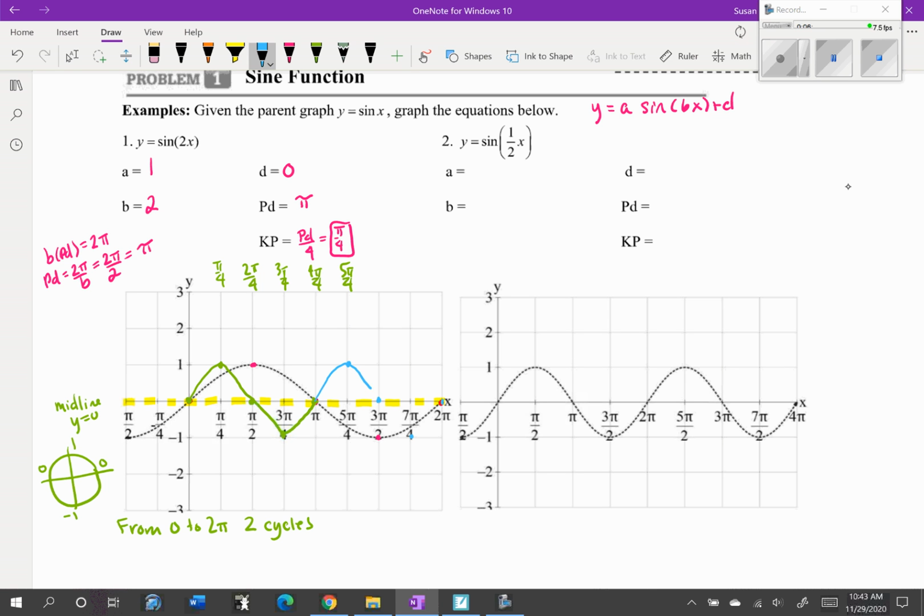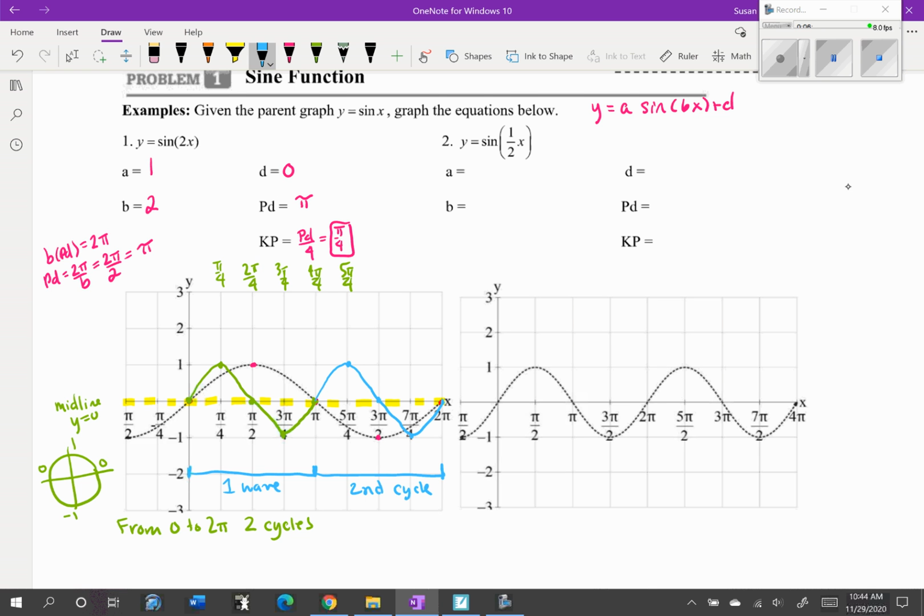And notice I just repeated those values, 1, 0, negative 1, 0. And so we have the first cycle here from 0 to pi, and the second cycle is here. So from 0 to pi, there are 2 cycles. That's why we say the b value tells you the number of cycles from 0 to 2 pi. So that's why b is 2.